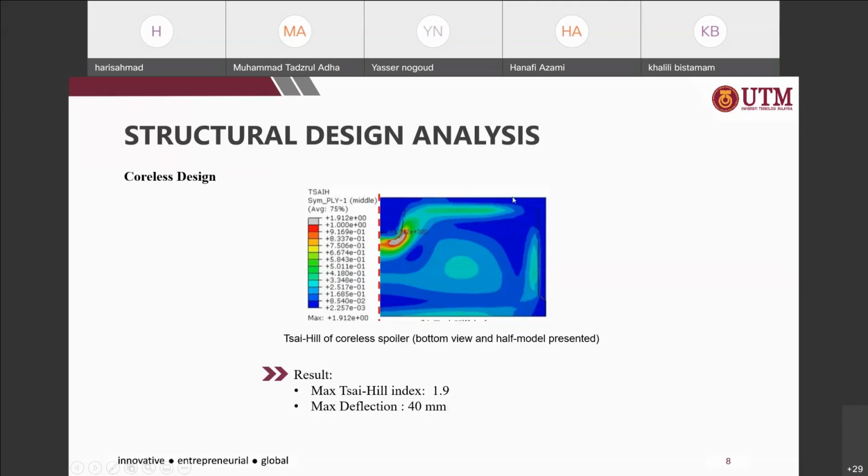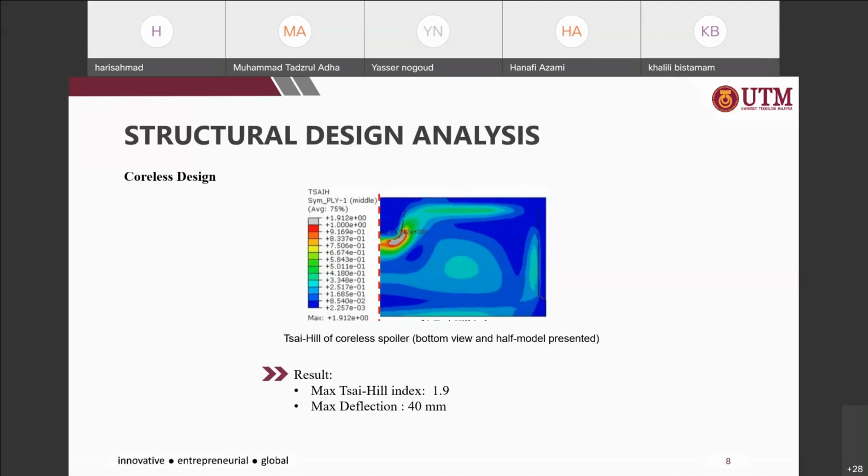Looking at this stress distribution and the failure contour map, it seems like the coreless spoiler must be strengthened by multiple composite stiffeners. We cannot put only one spar or only one rib to represent the honeycomb.